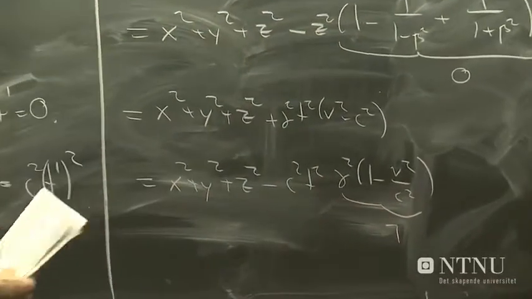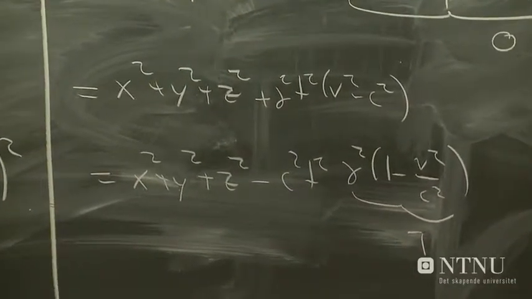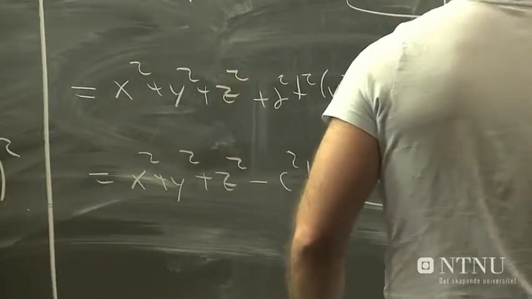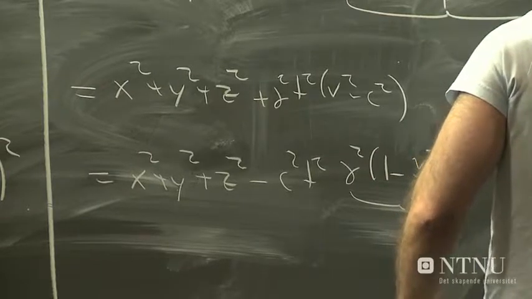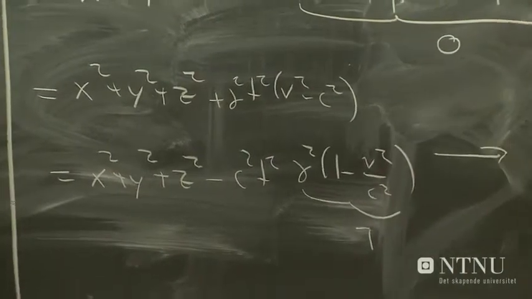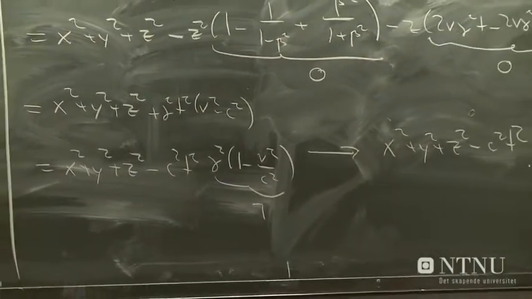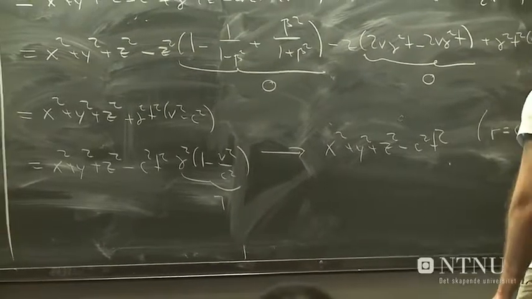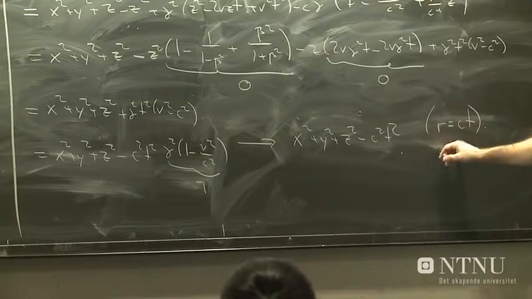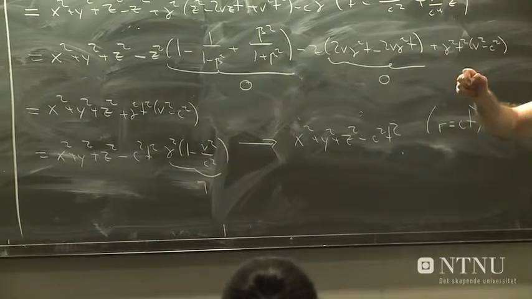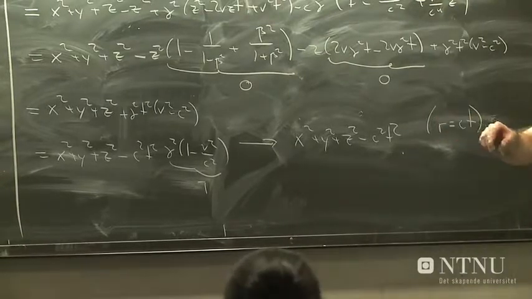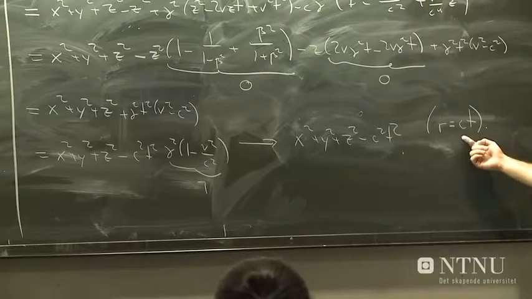Which I can rewrite in the following way. So basically what we end up with here is the following equation. So we see that the equation of motion for the wavefront as seen from the system S has exactly the same form as the equation of motion as seen from S prime, with the same speed for the wavefront.